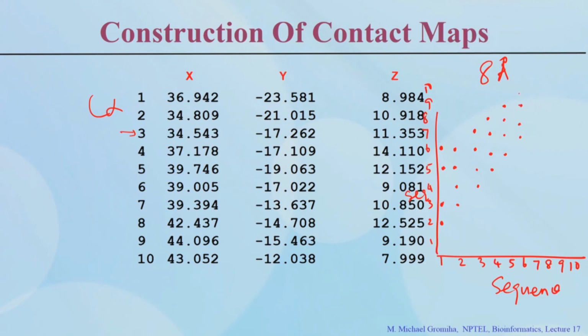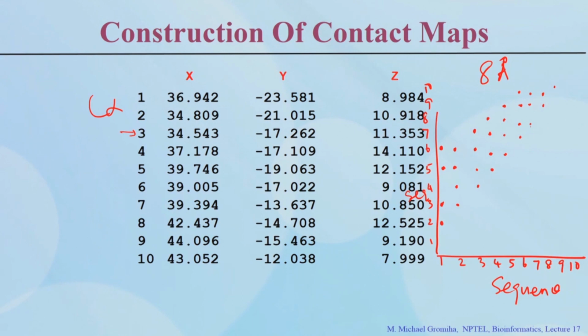So 6 and 10, yes, okay, I'll put yes. Then 7 and 8, yes. 7 and 9, yes. 7 and 10, yes. Then 8 and 9, 8 and 10, 9 and 10, right.